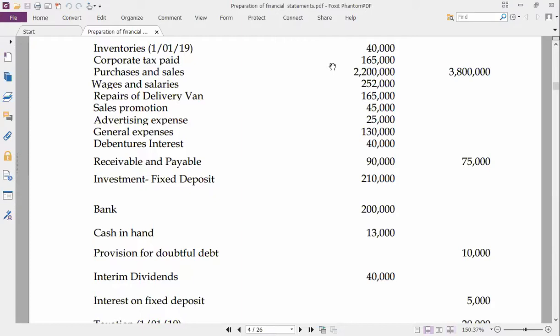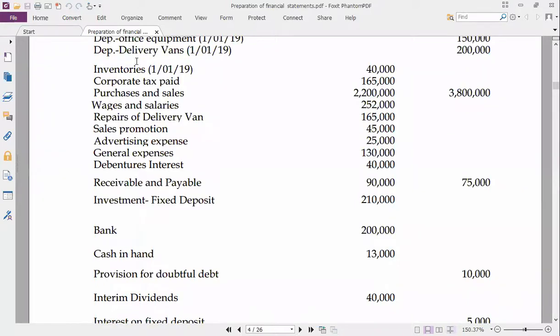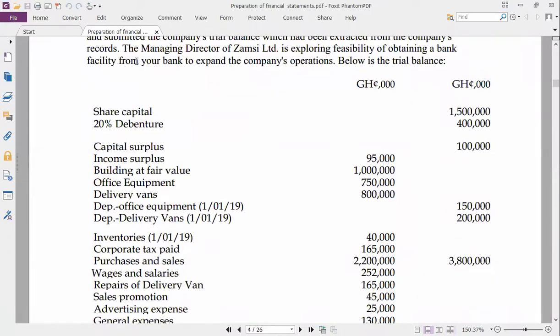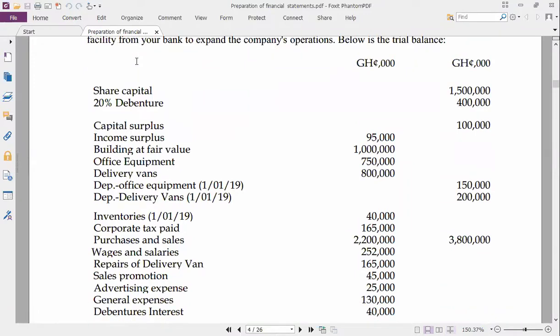Let's scan through the items and know the treatment. Please make sure that for all the items in the trial balance, you know where to go.